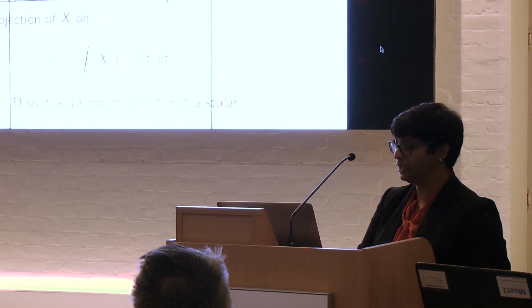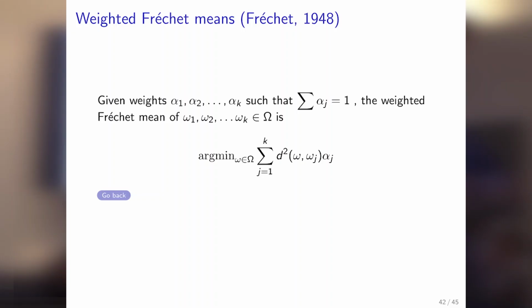So we'll just take a quick look at what a weighted Fréchet mean is. If we have weights alpha_1 to alpha_k that add up to 1, and elements omega_1 to omega_k taking values in big Omega, then the sample weighted Fréchet mean is defined to be the point omega which minimizes the weighted sum of squared distances.